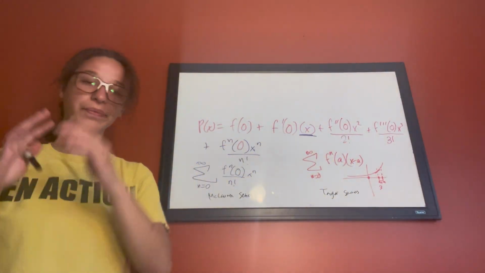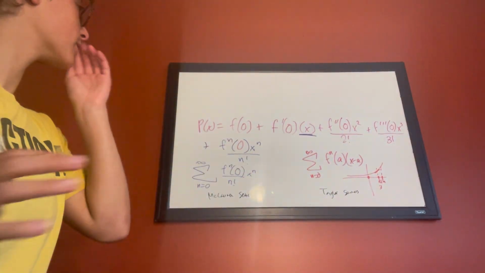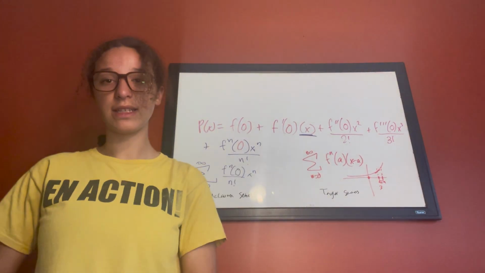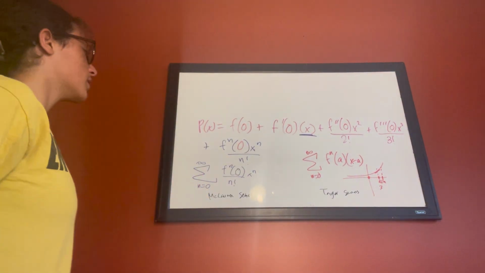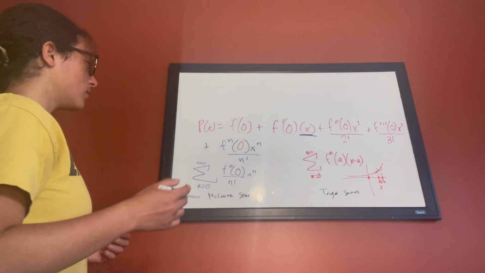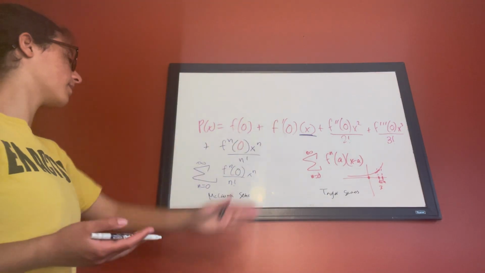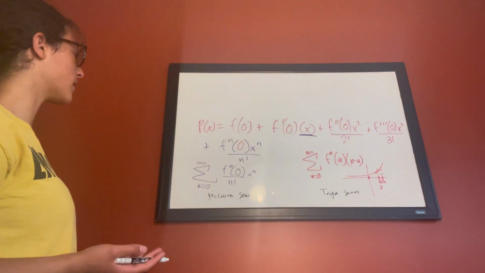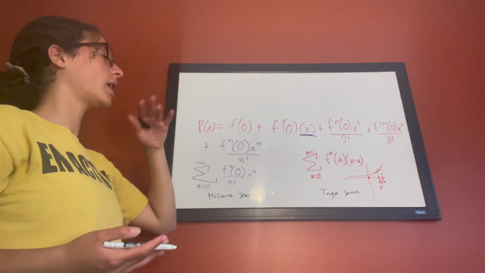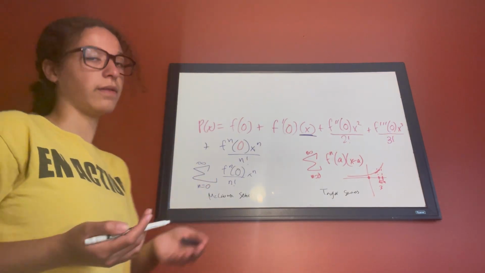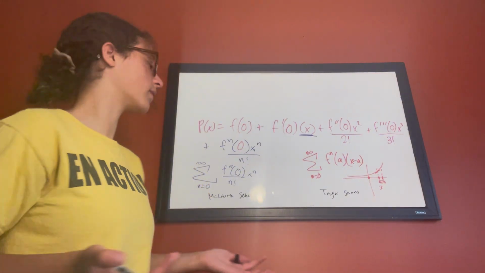Okay, so what we set out to do is find the Maclaurin series of e to the x. I kind of have the blueprint here. I said that my first term, a0, is just f of 0.